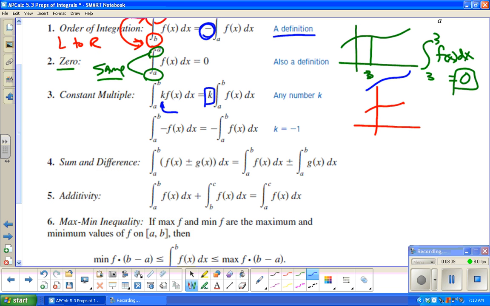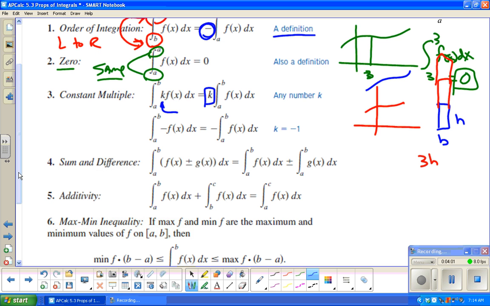Remember, this is all based on rectangles, and for a rectangle it's base times height. So if I triple that height, the effect on base times height is going to be 3 times that answer. That's really what that's saying.